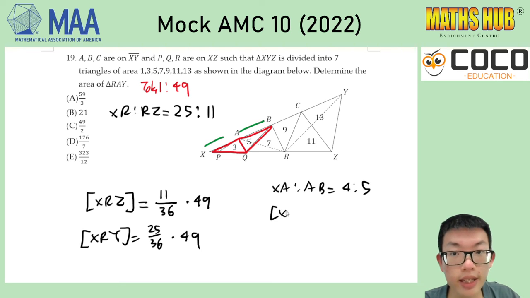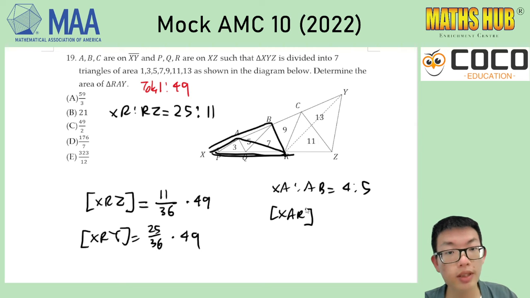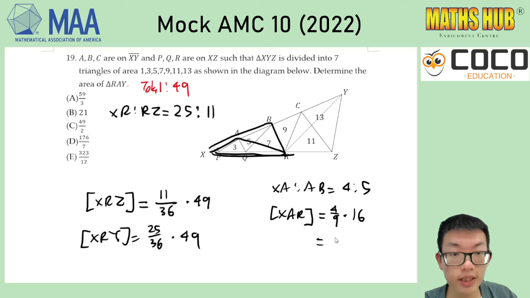And so XAR, I can compare it not to the whole thing. Whoops. I can compare XAR to just XBR. So it's equal to 4/9 times 16, which is 64/9.